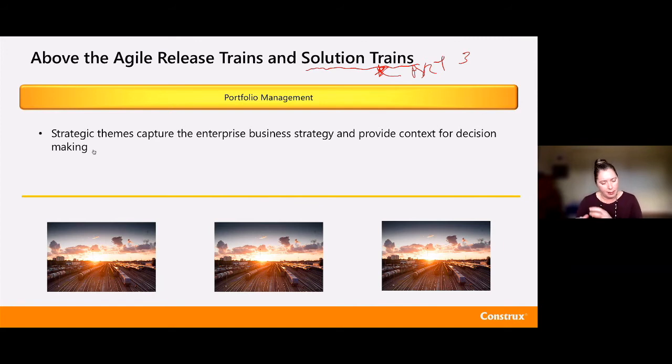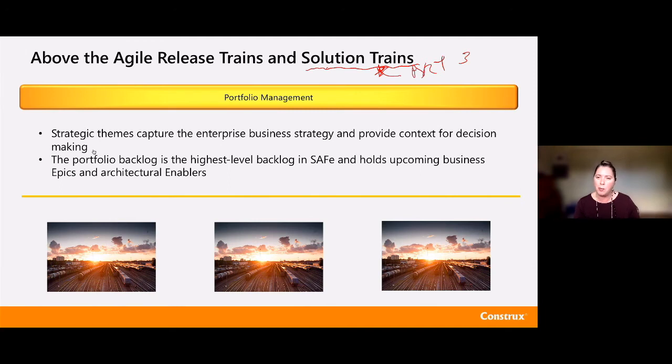So there's that piece that is a use-it-if-you-need-it piece, and then there's the portfolio management piece that really lives above the solution trains and above the ARTs. Here's where we hook into the business. There are strategic themes that really help us understand what we're doing from a business strategy perspective.